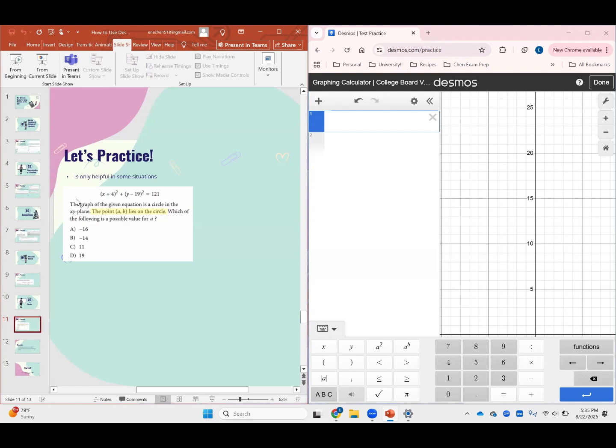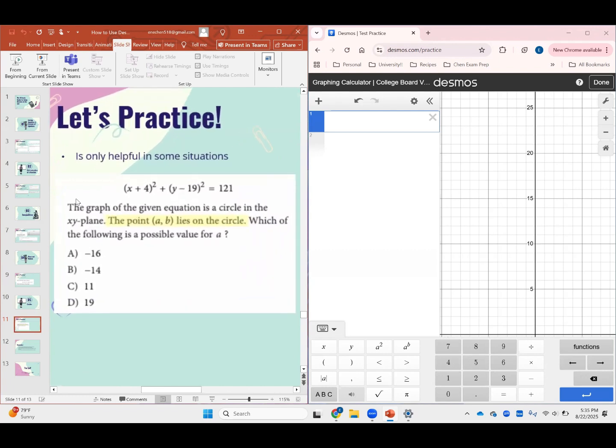So this is an example of a question where Desmos is helpful. It gives you this circle equation, and it says the graph of the given equation is a circle in the xy plane. The point AB lies on the circle. Which of the following is a possible value for A? So what you're going to do is you're going to plug this equation into Desmos.